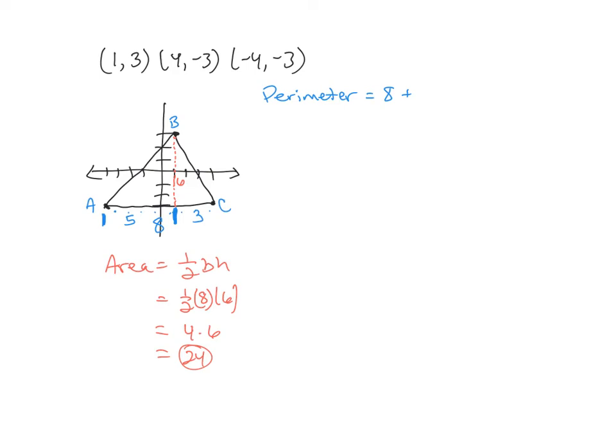I have a 6 and a 3, so 6 squared plus 3 squared, 36 plus 9, 45.